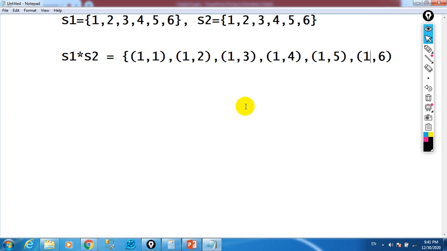Then the same set for 2: 2 1, 2 2, 2 3, next 2 4, next 2 5, next 2 6.